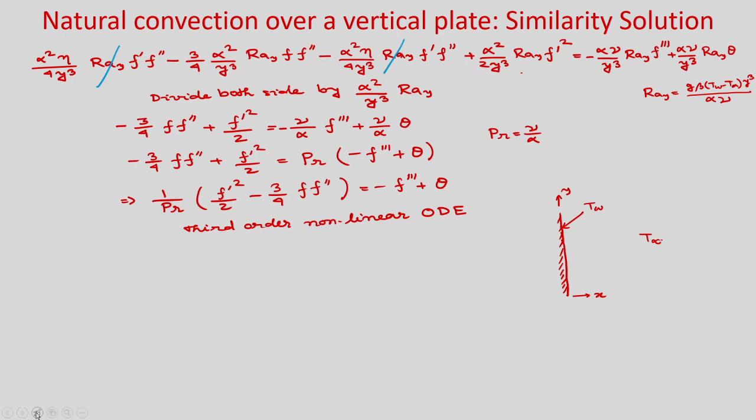Okay. And there will be hydrodynamic boundary layer like this, okay, which is your delta. At any location you can find what is the delta. So, now you can see what are the boundary conditions.